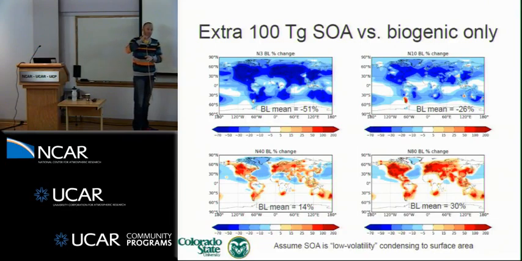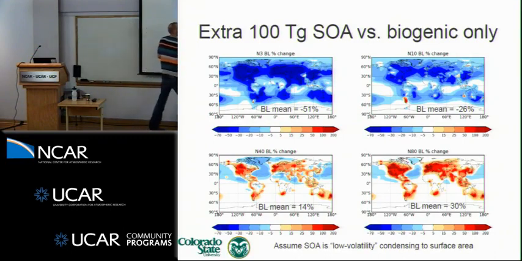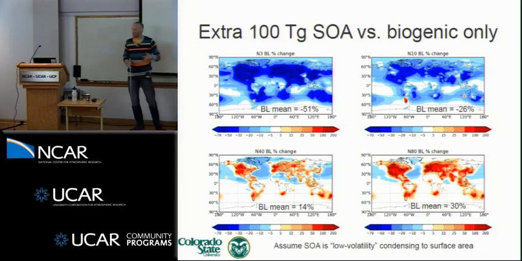It increases the coagulation of small particles with the big particles, and it grows the small particles to bigger sizes more quickly. So we end up with smaller numbers of our small particles and larger numbers of our bigger particles. There's even some feedback over the oceans, where because we have more large particles, the size of our CCN has grown. This actually reduces the number of CCN downwind through feedbacks.